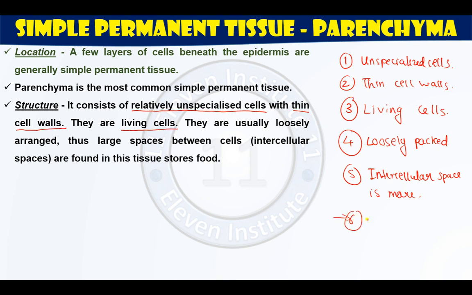And for the last point, what is their function? They store food. So the first 5 points which we have written in short, we have created a summary over here, right, represent the structure of the type of cells that are present in parenchyma or a simple parenchyma tissue. And this is the way you should read on your own.